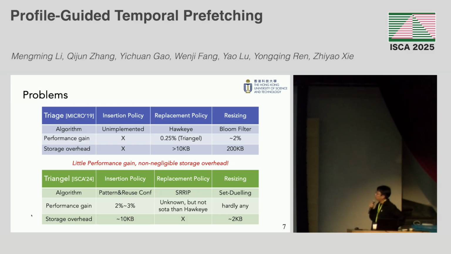The main issue of previous metadata management strategies is that they achieve little performance gain while introducing non-negligible storage overhead.